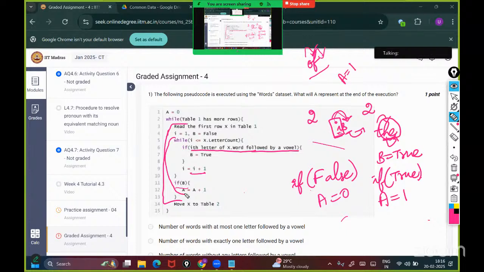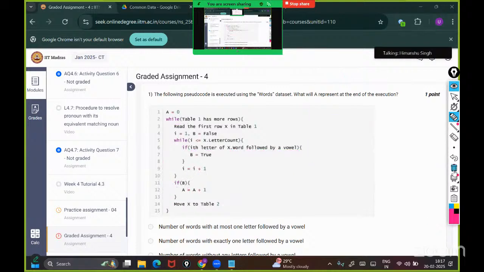For I is equals to 1, this is still not clear to me. I is equals to 1, B is equals to false. What does this mean? Those are taken as the initial values for the variables.